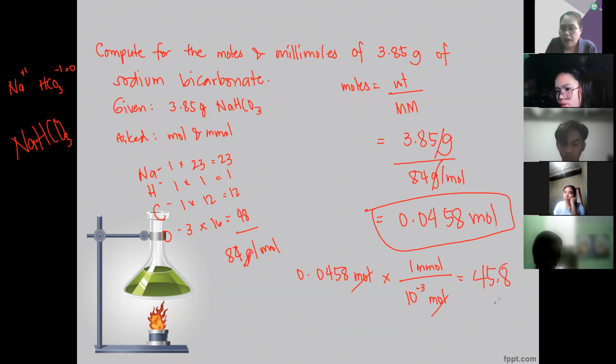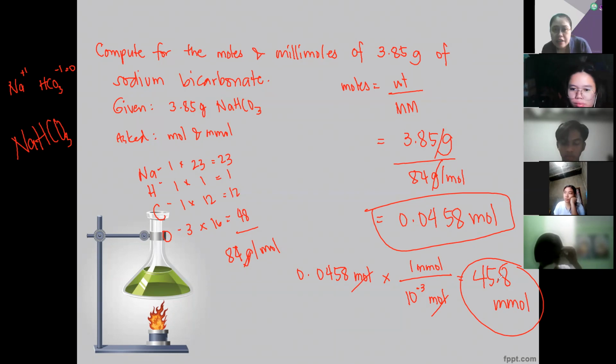So this is 45.8 millimoles. So again, sa 3.85 grams of sodium bicarbonate, we have 0.0458 mole or 45.8 millimole.